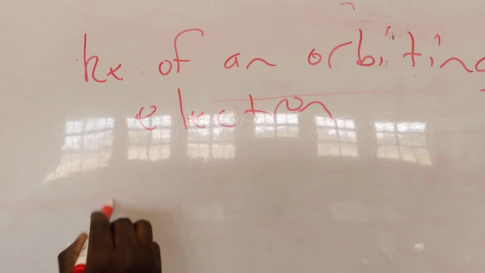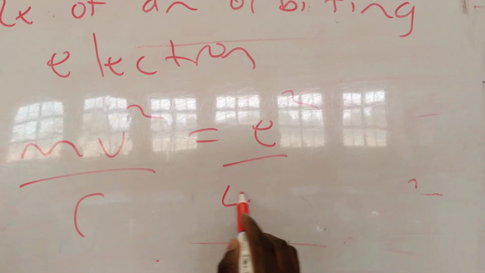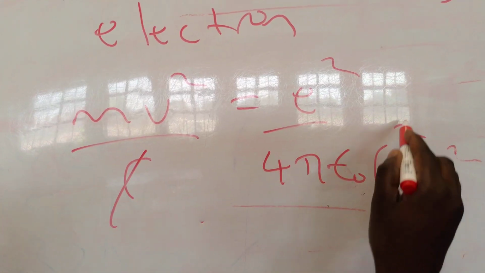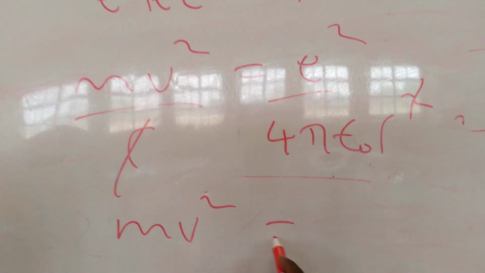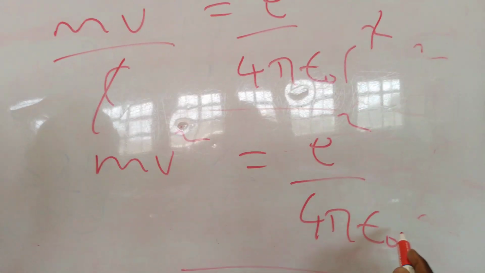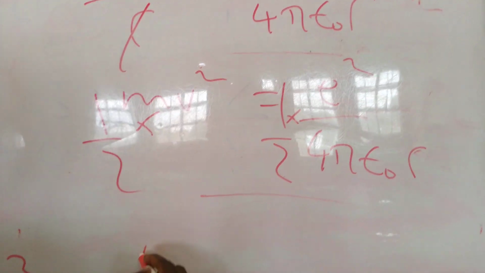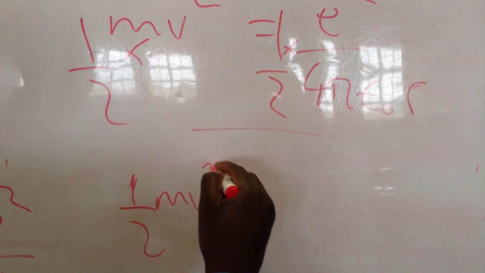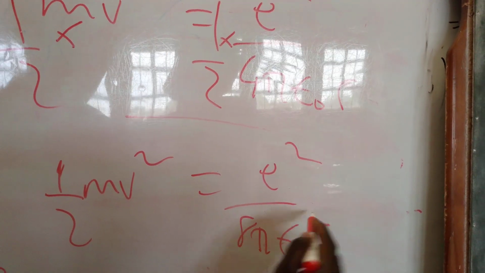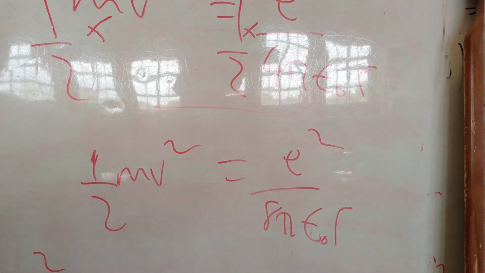So mv squared over r is equal to e squared over 4 pi epsilon naught r squared. So we have mv squared is equal to e squared over 4 pi epsilon naught r. Multiply by half, which gives half mv squared is e squared over 8 pi epsilon naught r. This is the kinetic energy of an orbiting electron.